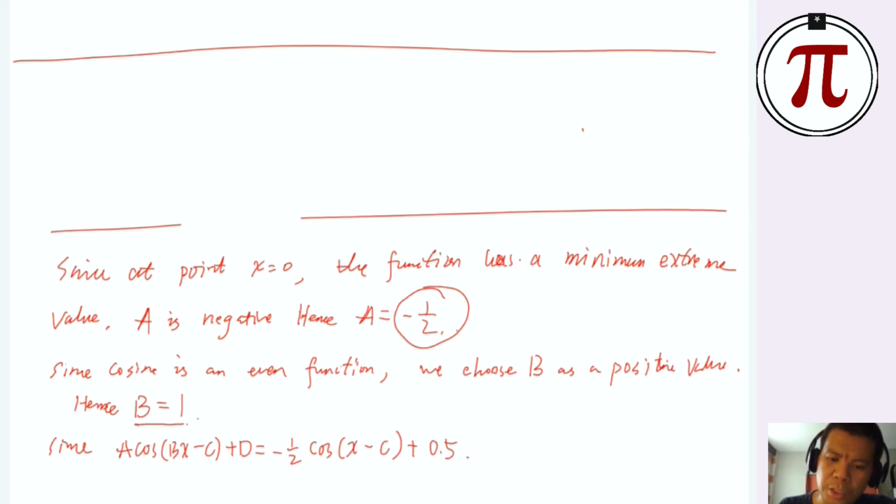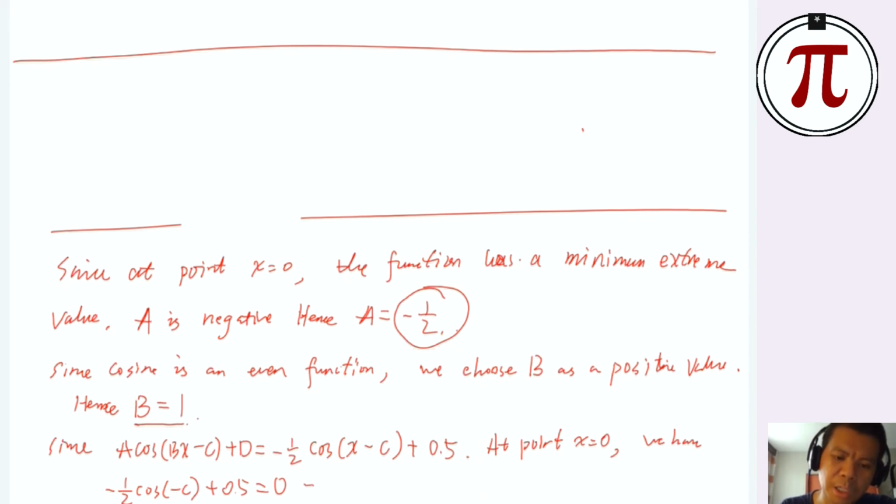At point x equals 0, we have negative 1/2 cosine of negative c plus 0.5 equals 0, right? At point 0, we have 0.